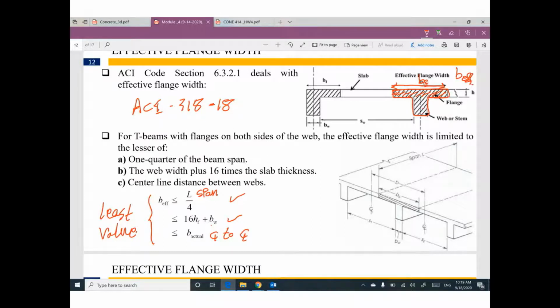As you see here, we have a beam here, another beam, another beam. We have a distance between this one and this one, center line to center line. So this is a value. Another one, 16 H flange. This slab has thickness equal to H flange, plus B web, the width of this web. Or span divided by 4. So we have three values. Which one am I going to use? The least value.